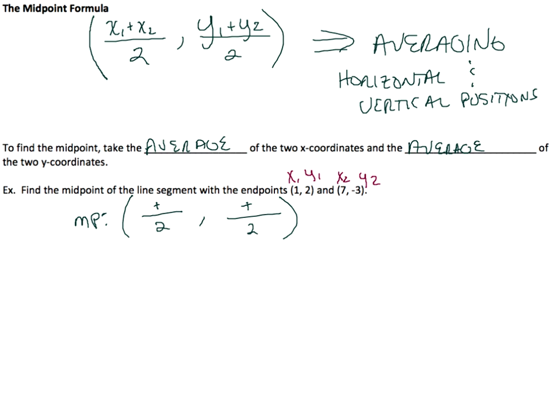The midpoint is a point itself, so it's going to have an x-coordinate and a y-coordinate. So x1 plus x2, y1 plus y2. Oops, there we go. All right, and then you just simplify to get your midpoint. So this is 8 over 2, negative 1 over 2. The midpoint is 4, negative 1/2.